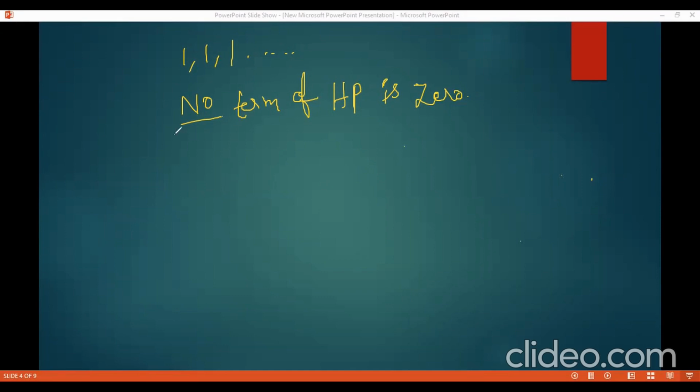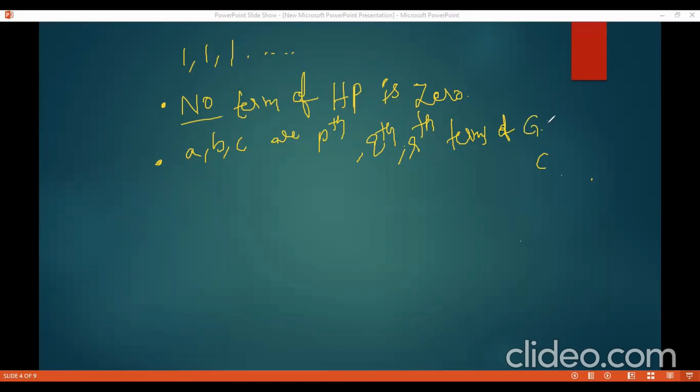Next point, if A, B, C are the pth, qth, and rth terms of a GP, then A power (Q minus R) into B power (R minus P) into C power (P minus Q) is equal to 1.